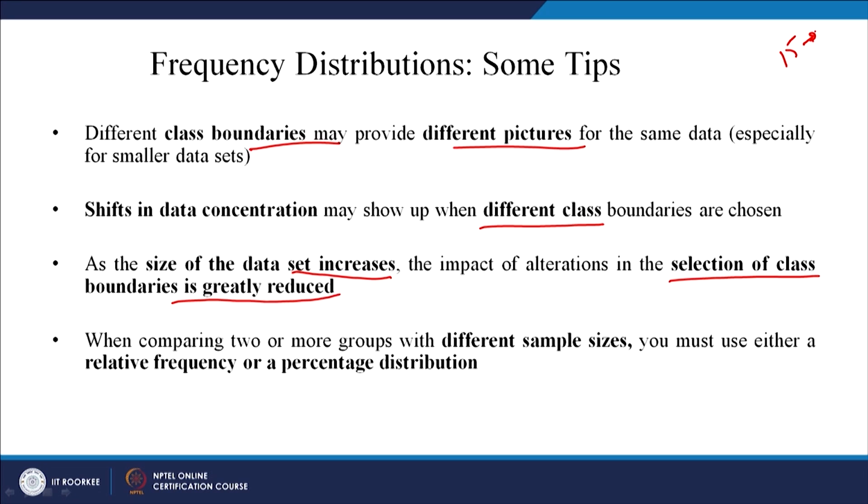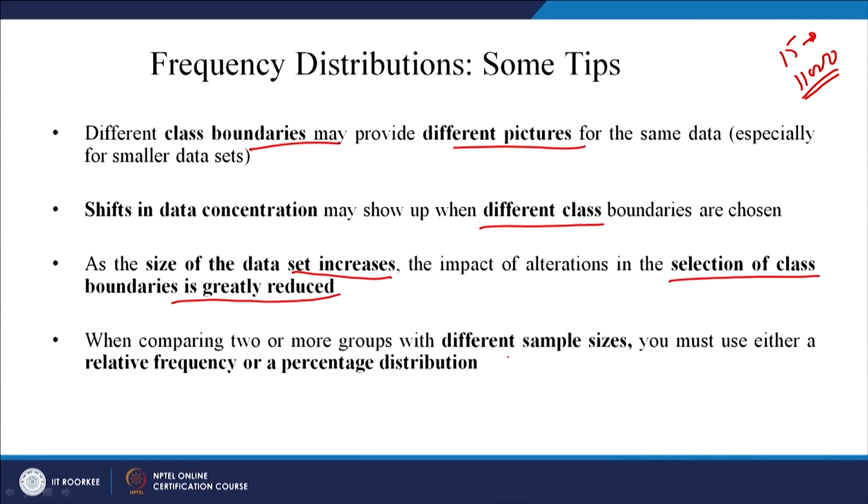There would be a class wherein data would be concentrated. But if there are 11,000 data points and again 15 classes, there will not be much difference in shift of the frequency. When comparing two or more groups with different sample sizes, it is good to use percentage distribution or relative frequency distribution.